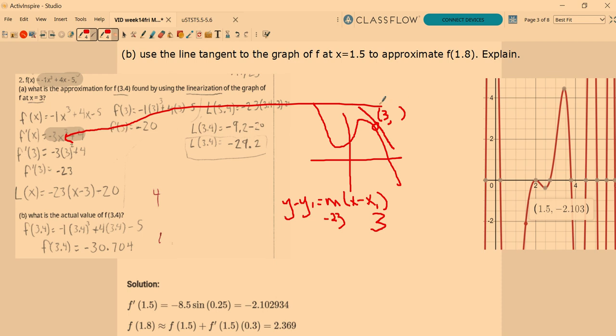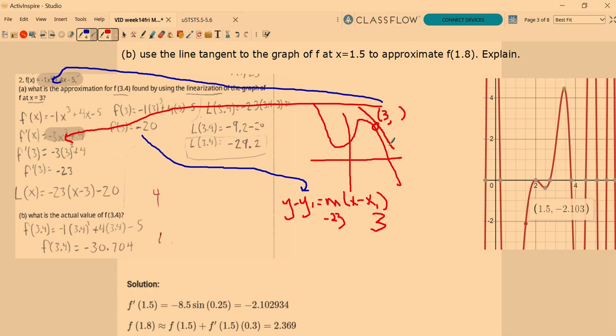So you plug the 3 into the 4x right here, and you will get negative 20, and that gets plugged in here, and you basically have point slope form of the equation of this line.